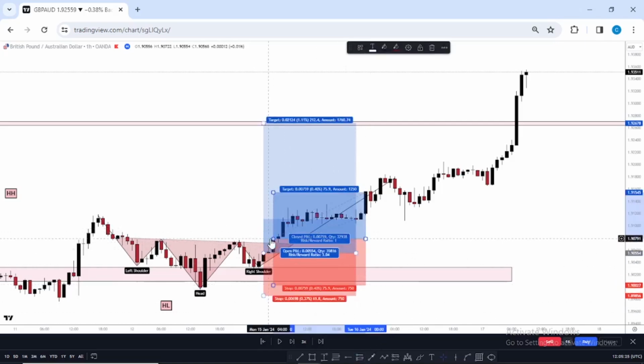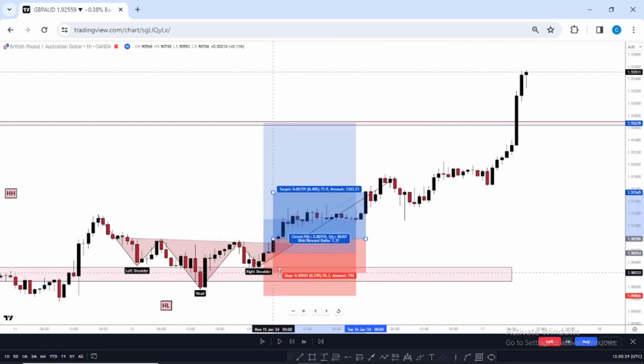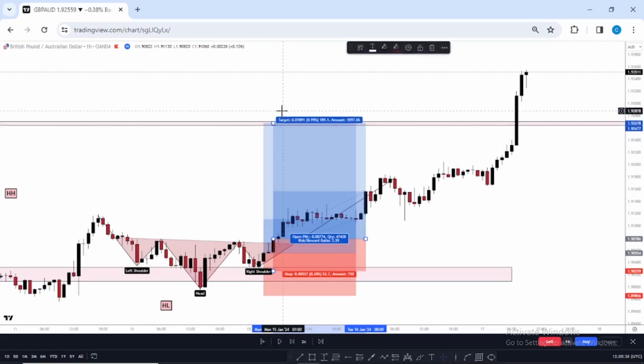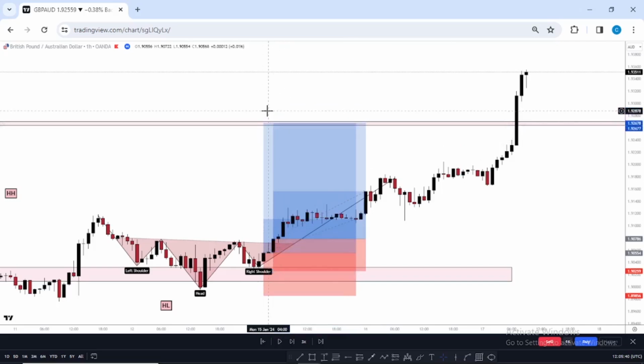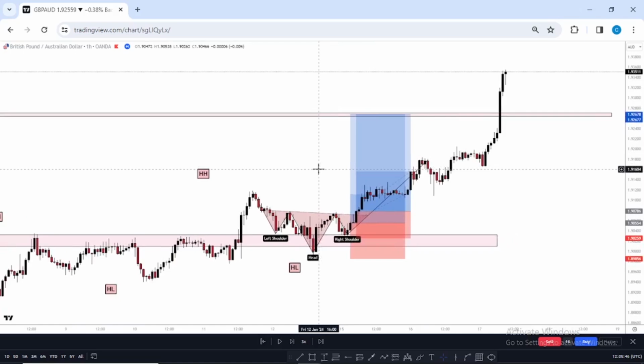Alright. So we entered right here and placed our stop loss right below our right shoulder. And I'll take profit also to our H4 structure. Yeah, so now that's how I was able to catch over 300 pips using two entry strategies.